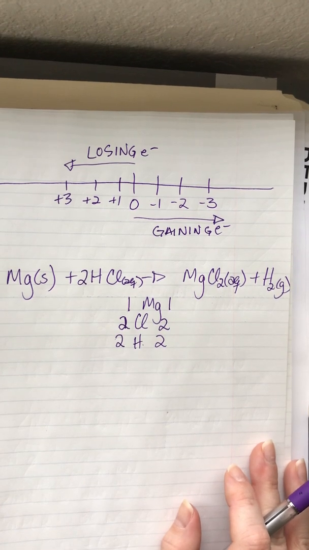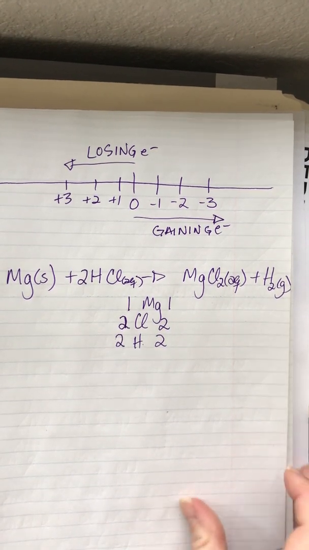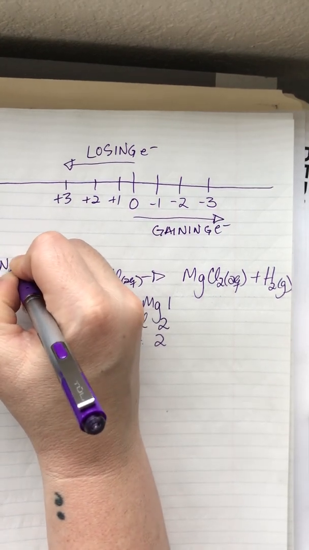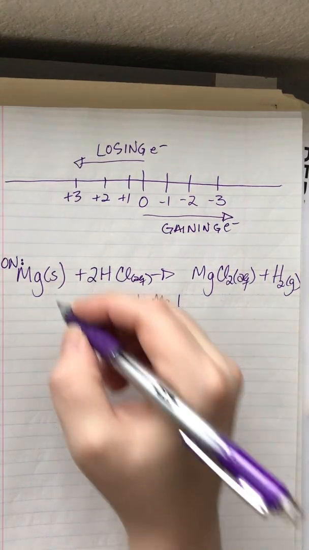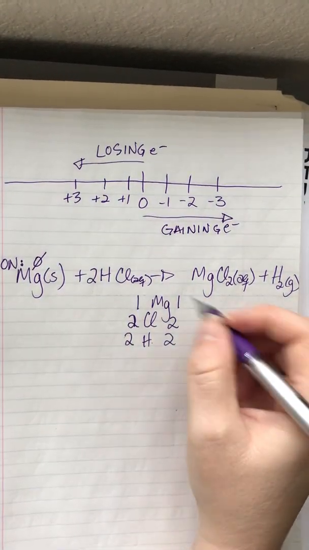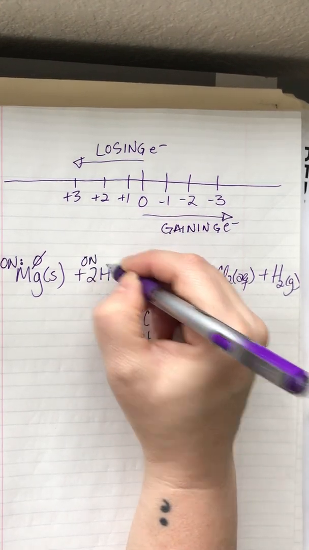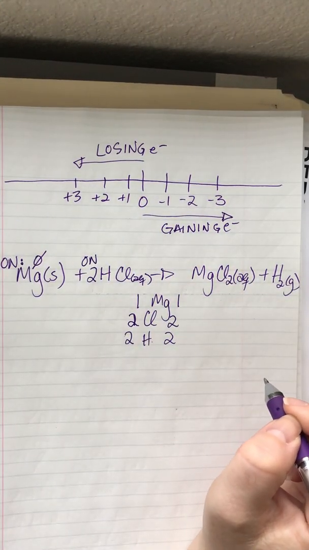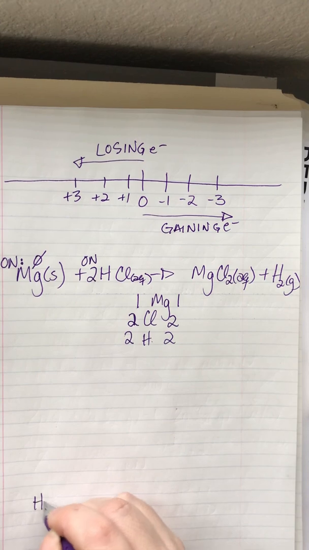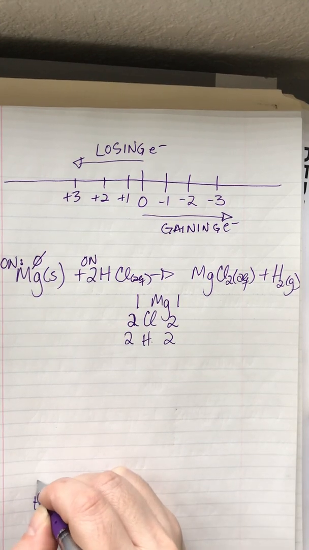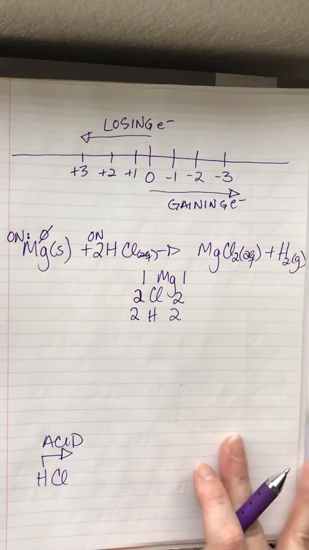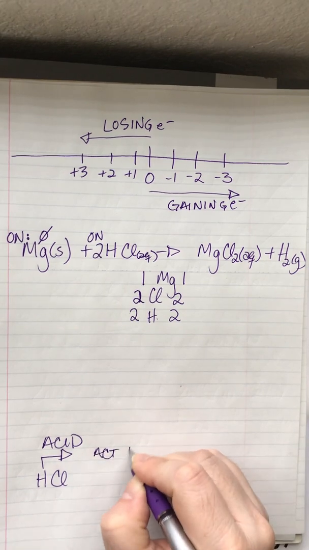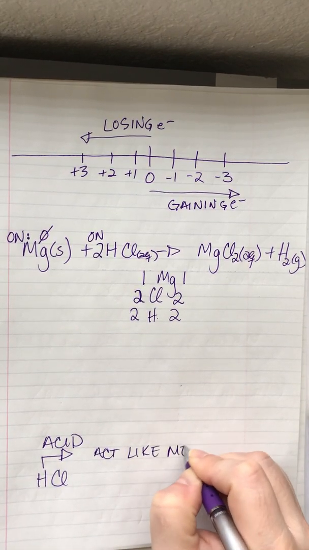So now we want to talk about the oxidation numbers of each guy. So, oxidation number for magnesium solid? 0. What about hydrogen over here? We haven't talked a lot about these, but in an acid, hydrogen out front is going to act like a metal cation.